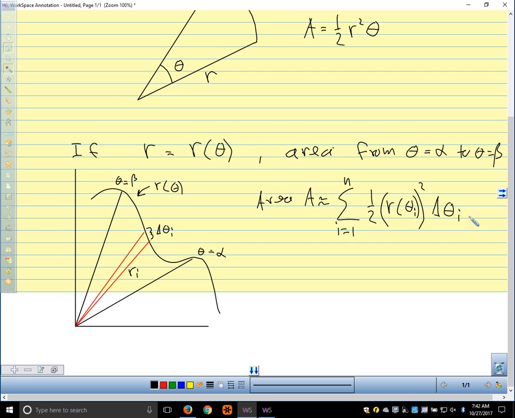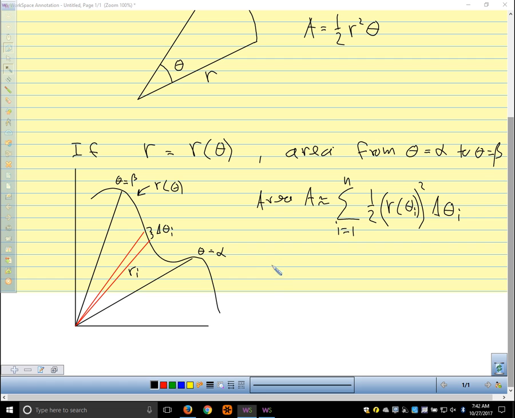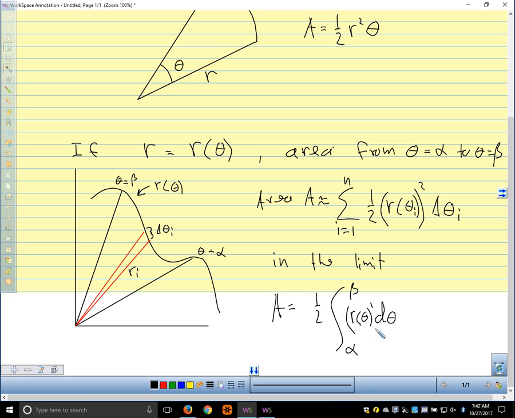It's essentially a Riemann sum, so we get the definition of an integral. Taking the limit, our area is 1/2 the integral from alpha to beta of r of theta squared d theta. Our radius is a function of theta, and we integrate.